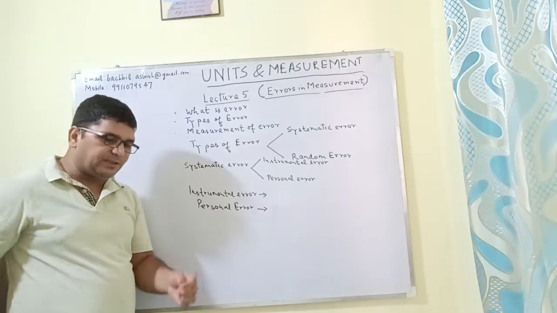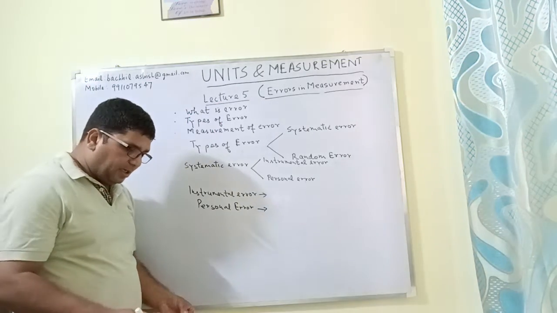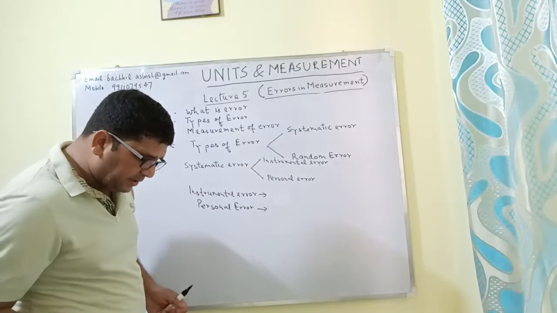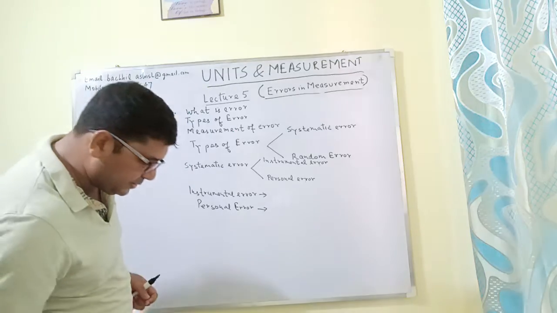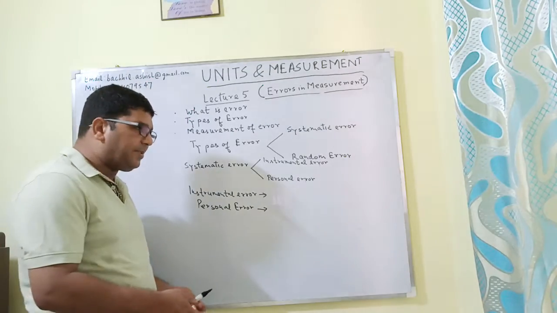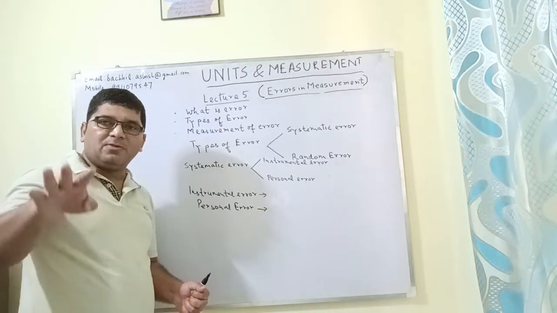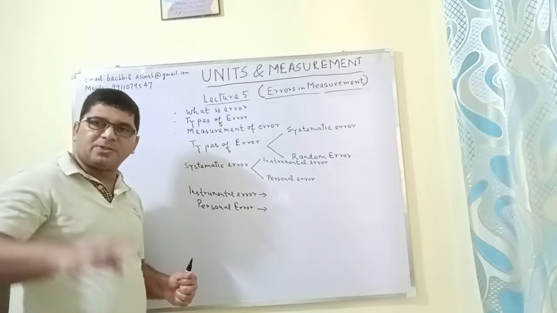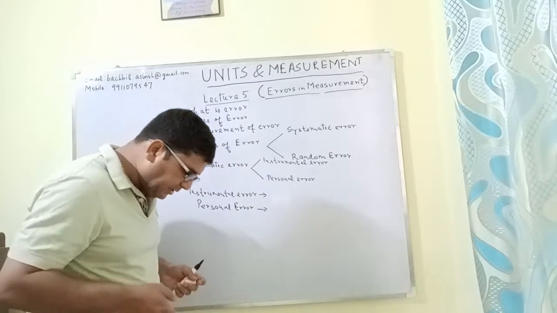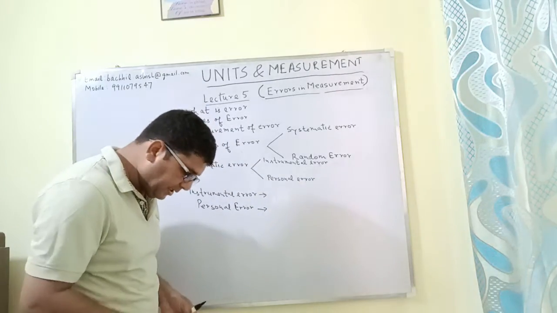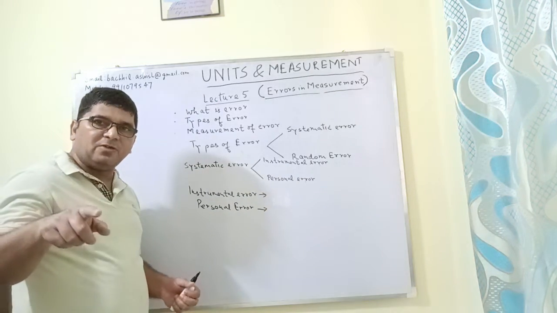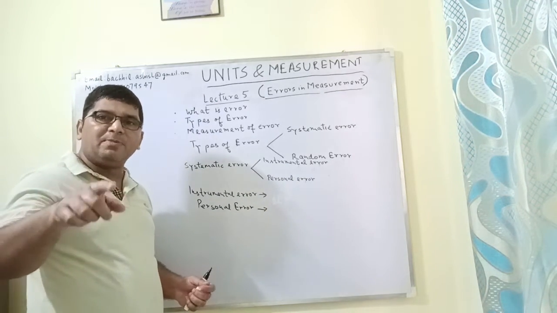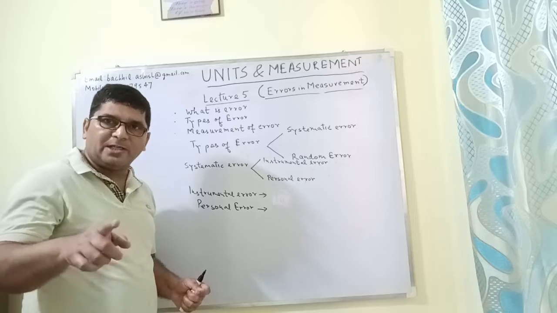If someone is taking the reading keeping his head in a slanted position like this, the measured value will definitely have a deviation from the true value. Whereas if his head is straight like this, then the measured value will be equal to the true value, or very, very close to the true value.